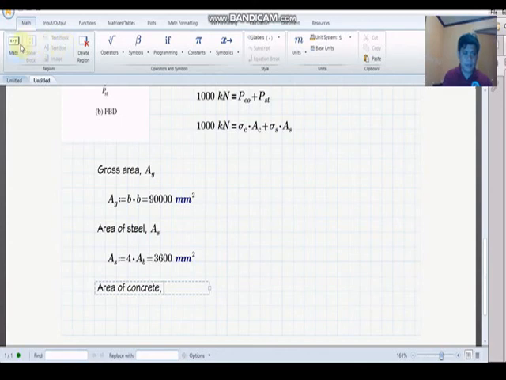And finally, we can solve now the area of the concrete, A sub C. The area of concrete is equivalent to the gross area minus the area of steel.